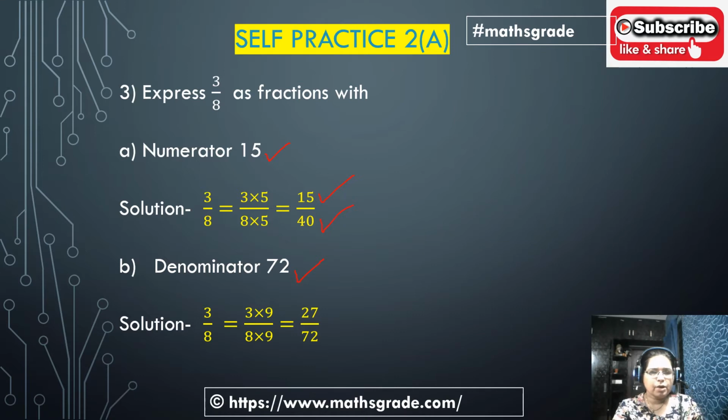We multiply 9 with the numerator also. 3 multiplied by 9 is 27, and 8 multiplied by 9 is 72. So we get 3/8 equal to 27/72, and 3/8 and 27/72 are equivalent fractions.